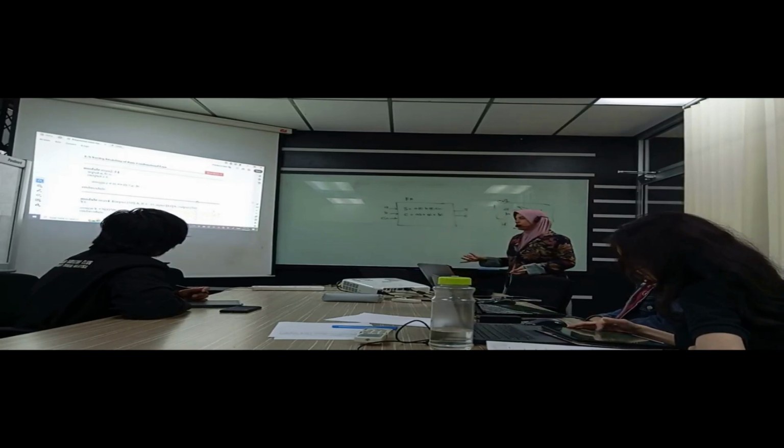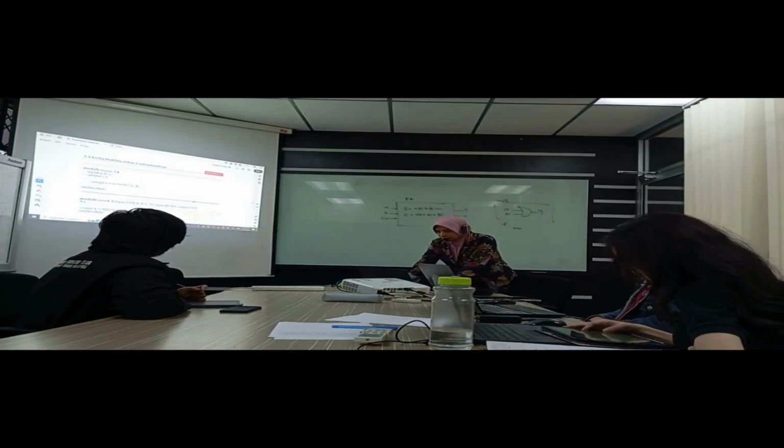If true, then the Z will become A, otherwise B. So this is the conditional operator. Alright, okay class, we continue for the next design, which is modeling the arithmetic design.